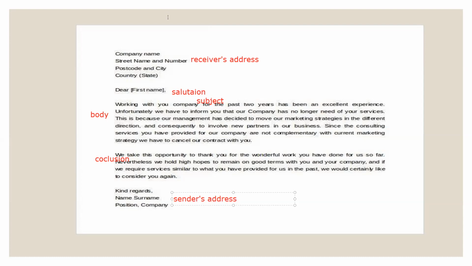This is the structure. So first you need to write the receiver's address, and if you're writing to a company, the company's address, which country, everything should be there. Then the salutation, then the subject, then the body.